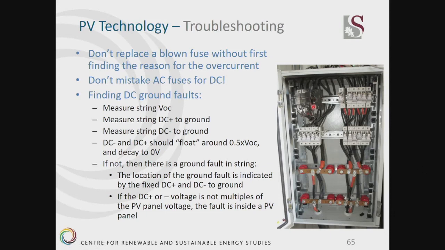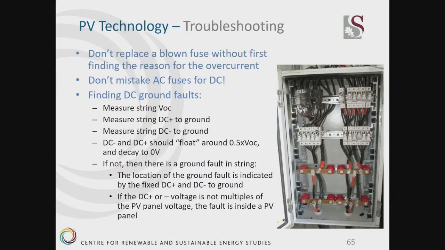Typically at your hardware store you will easily find AC fuses but not necessarily DC fuses, and here we have a picture of something that happened when DC fuses were replaced with AC fuses. AC fuses can't handle the overcurrent, and this was just a big arc and a lot of plastic melting and smoke. So make sure that you replace the correct items.